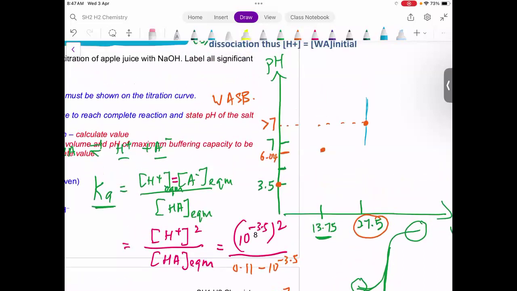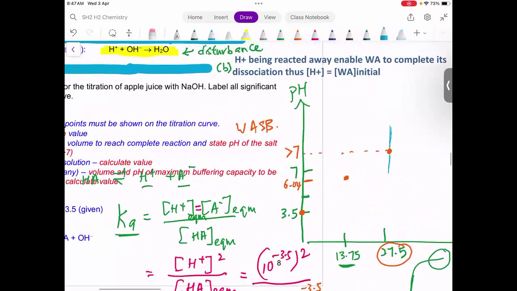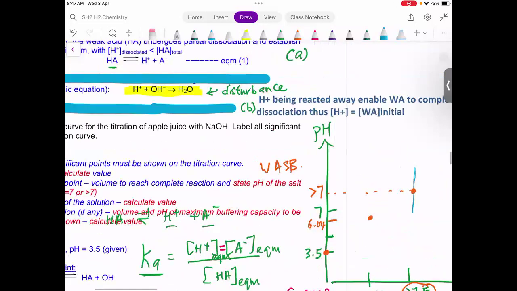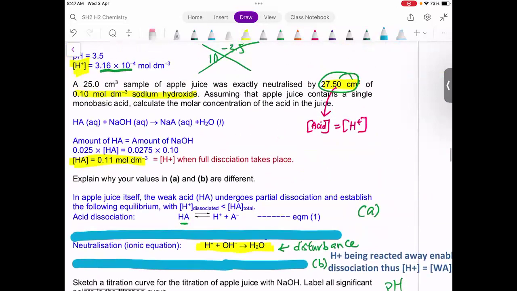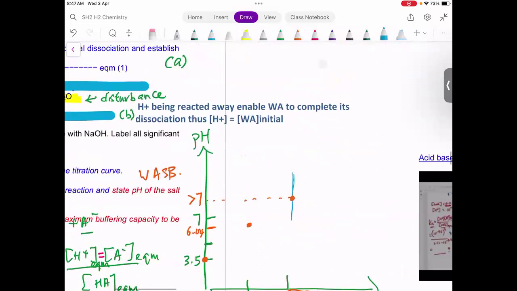After that, what is the next point that I need to plot? The end point. It will approach the pH of your sodium hydroxide. What is the pH of your sodium hydroxide? It is 0.1 mole per dm cubed, so it will approach 13. You just need to draw a horizontal line corresponding to 13.